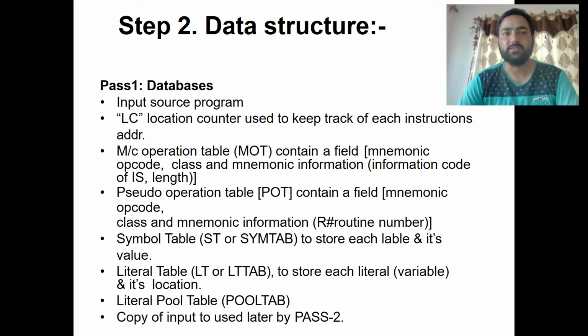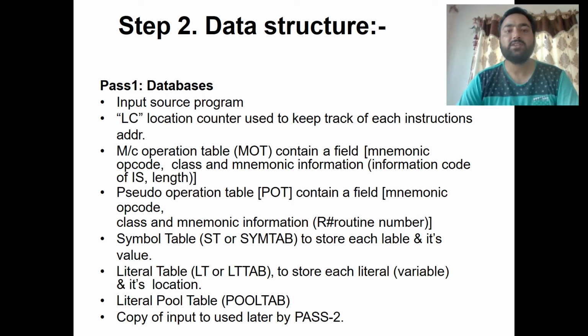And now the data structures. The first one is the various databases. First, it inputs the source program. Then the location counter is used to keep track of each instruction's address, where the actual instruction is stored and from where to fetch it.